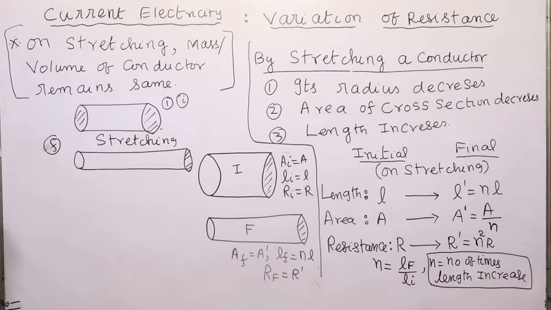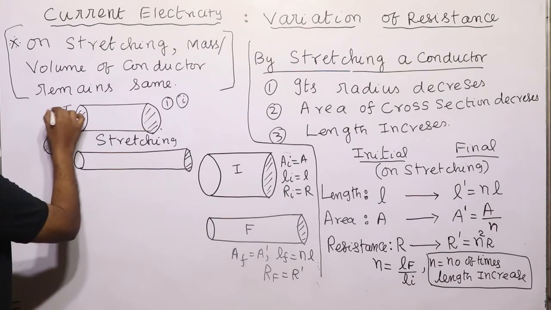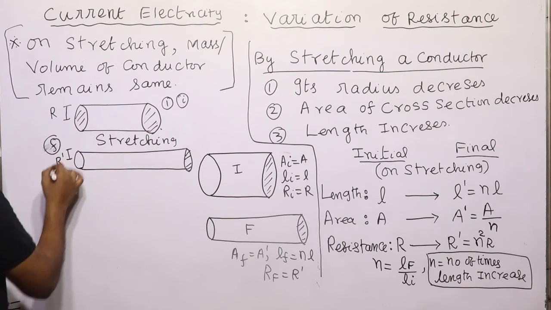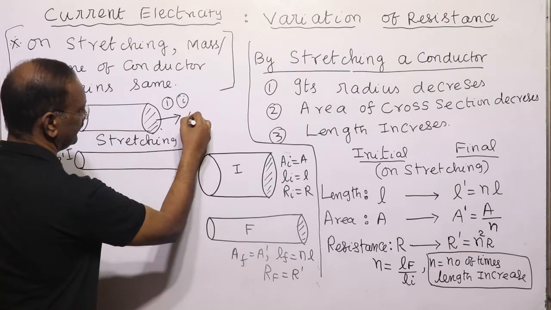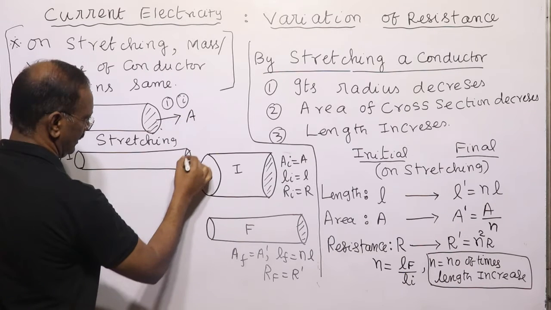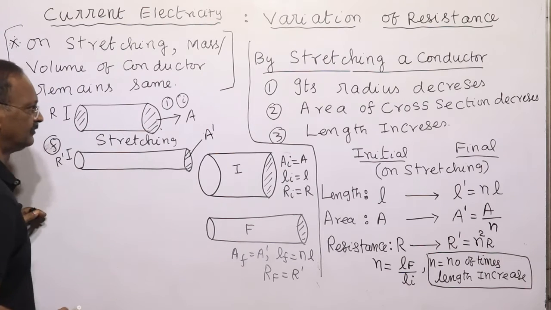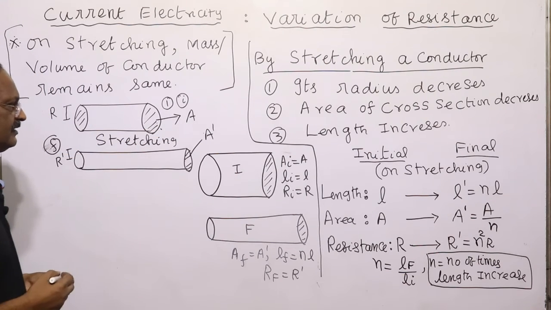what will happen? Its radius decreases, because this is its radius R and this is the radius R dash. This is the area of cross section before stretching, and this is the area of cross section after stretching.